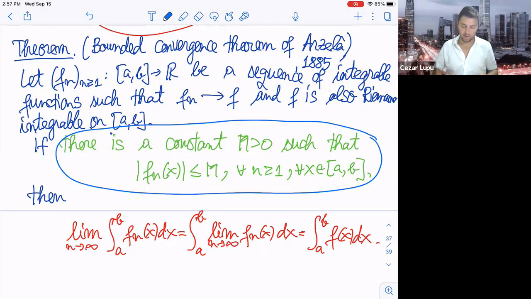But before we go into that, let me recall another definition. So definition, God knows what number it is, I forgot, but anyway, it doesn't matter. So we would like to talk a bit about negligible sets.